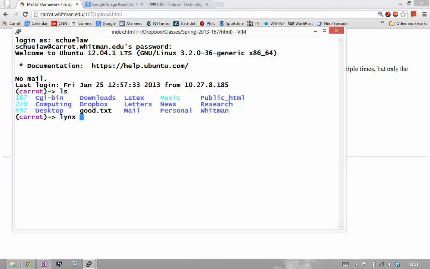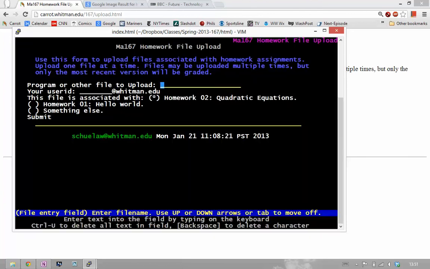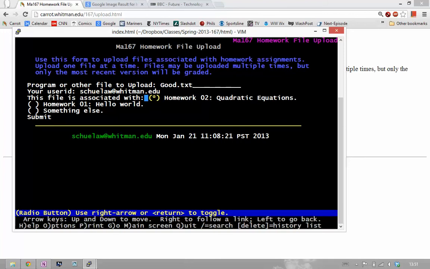And maybe I want to upload it using Lynx. And let's say I do Good.txt, right? What's wrong with that? It's capital G instead of lowercase g. I don't notice. I just carry on my merry way. It's associated with homework 2, and I click submit.